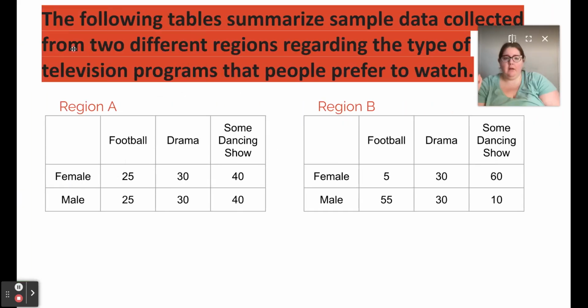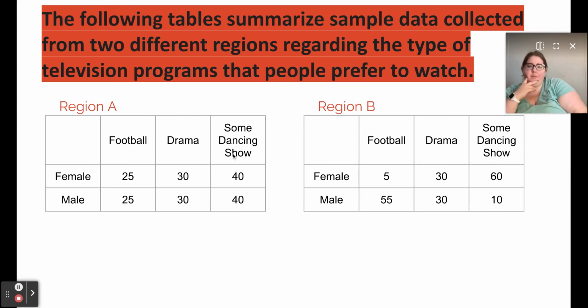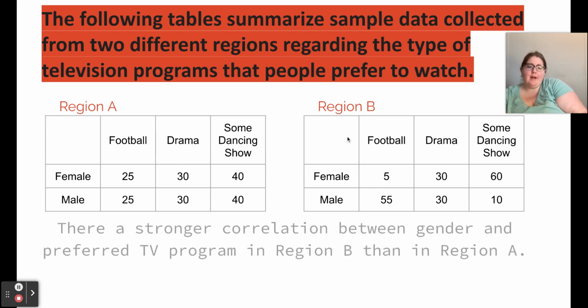All right, last one. We are looking at the relationship between gender and the type of TV show people like to watch. It's collecting data on two different regions, region A and region B. If I were to say there's a stronger correlation between gender and preferred TV program in region B than in region A, is that a true statement or not?